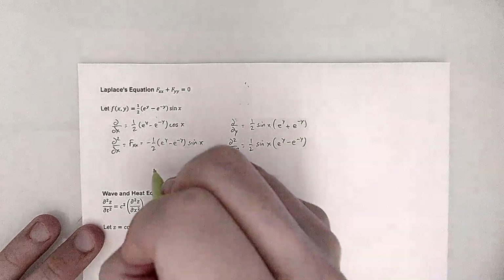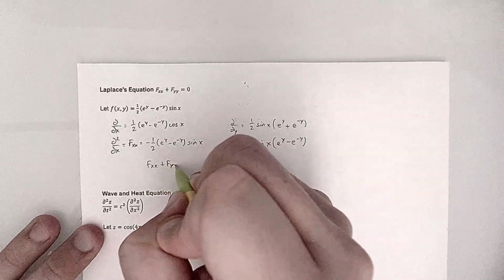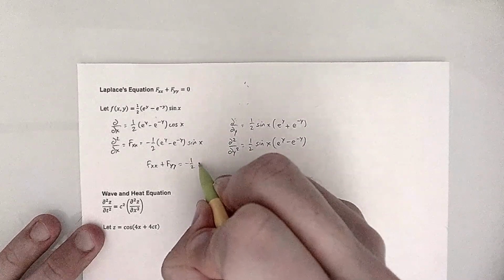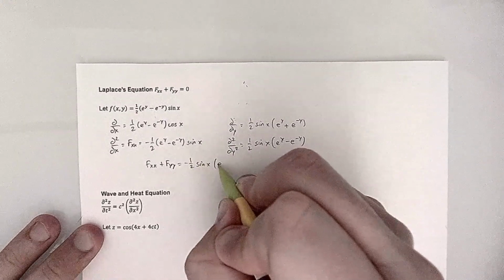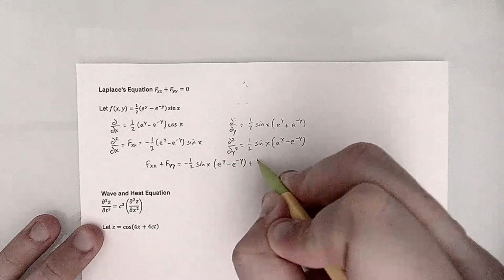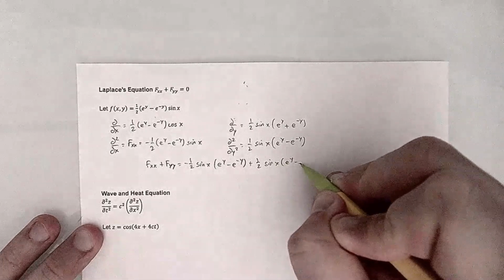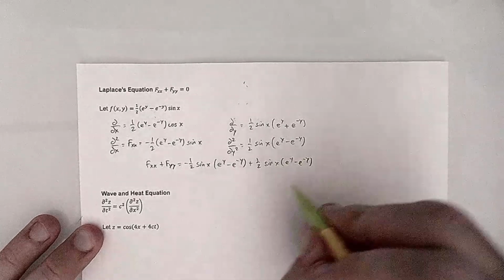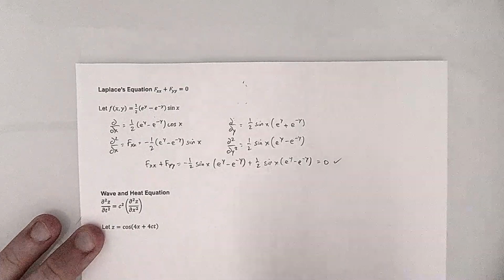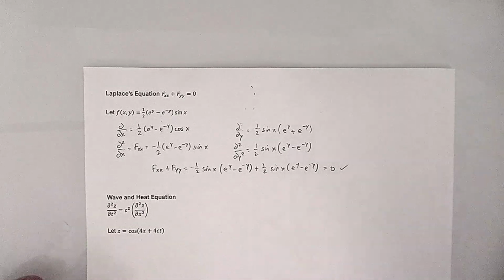And if you notice, if I were to add these up, I would get negative 1/2 sine of x, e to the y minus e to the negative y, plus 1/2 sine of x, e to the y minus e to the negative y. And that, of course, cancels each other out, and so you get a 0. And so this is how we know it satisfies Laplace's equation.